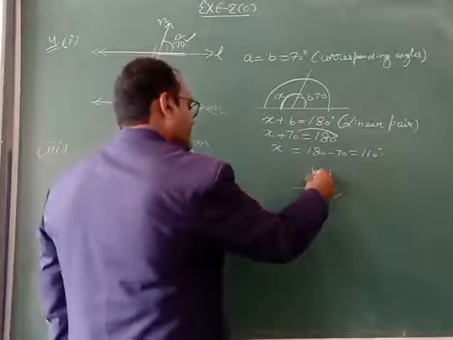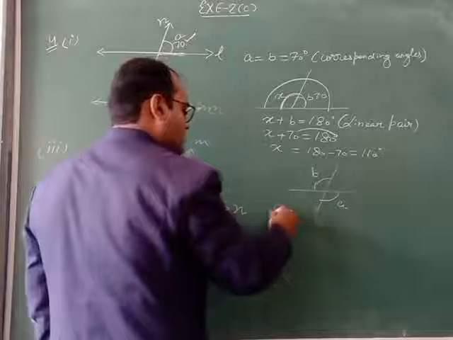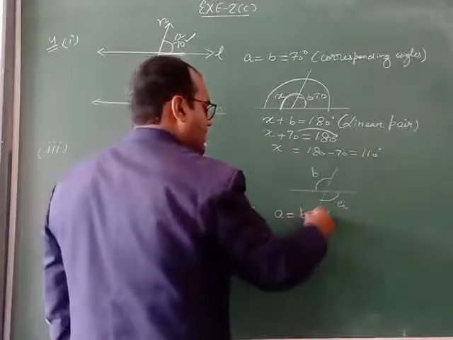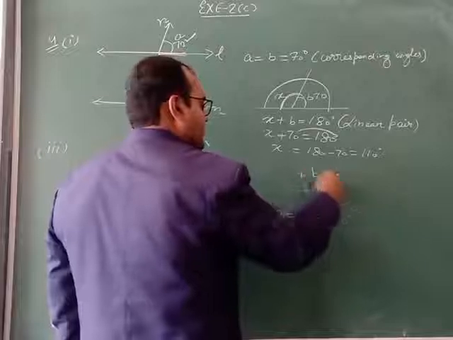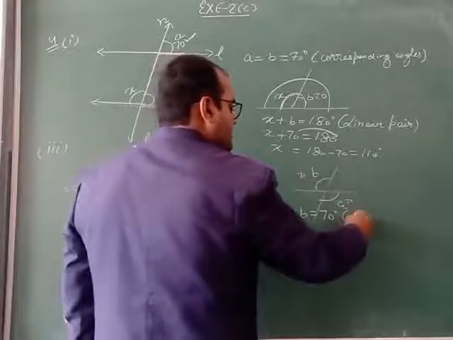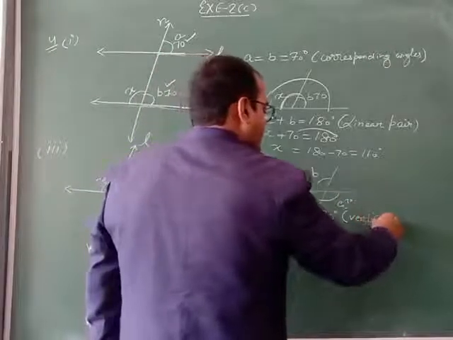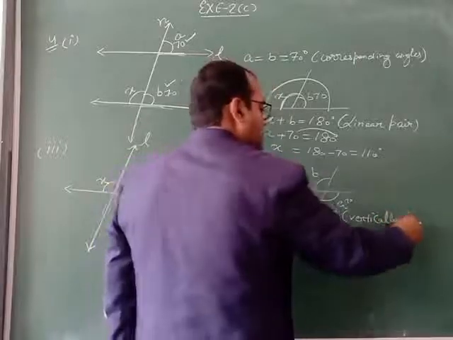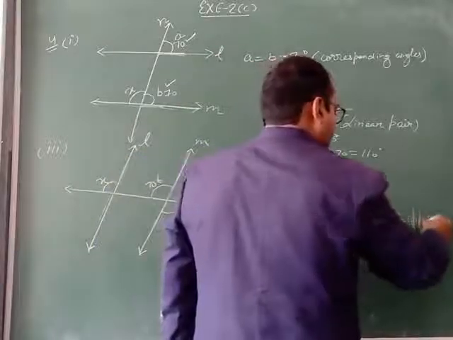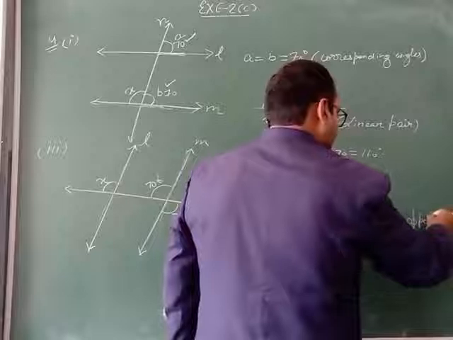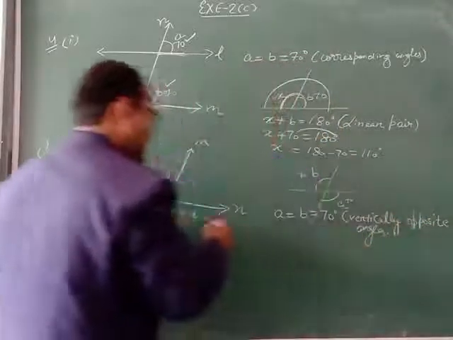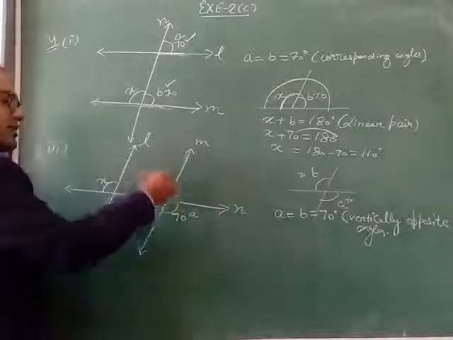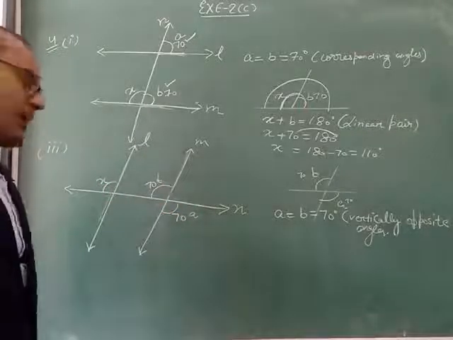This is B angle, this is A angle. So we will say A and B both are 70 degrees. This is also 70 and this is also 70. Such angles are known as vertically opposite angles. So this 70 we will write here. These two are vertically opposite angles.